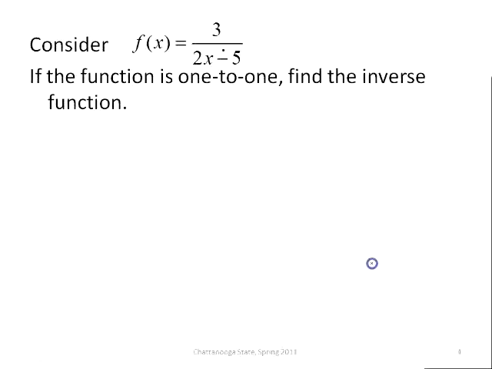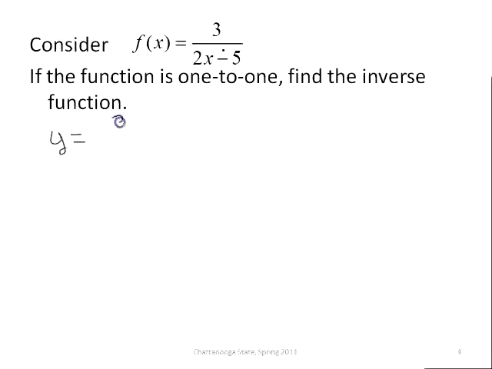Now here we have a rational function. The rational function in this case is also one-to-one. And again, you can determine that by graphing it in your TI-84 calculator if you don't have the graph. So here's my function.